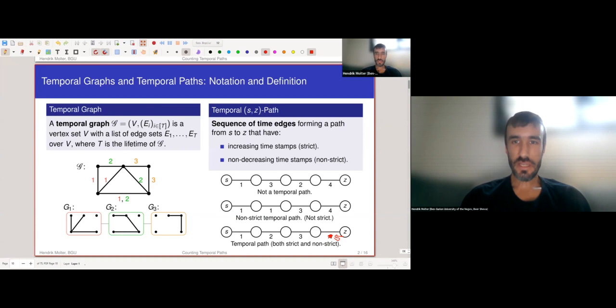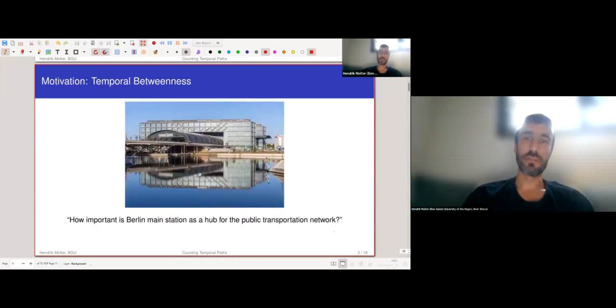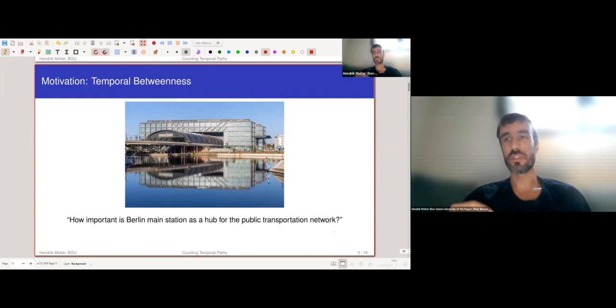Okay. And now, why would we be interested in counting temporal paths? The main motivation I want to give you is temporal betweenness computation. Betweenness is a centrality measure that tries to quantify how important a certain vertex is in a network under the assumption that information travels along optimal paths.